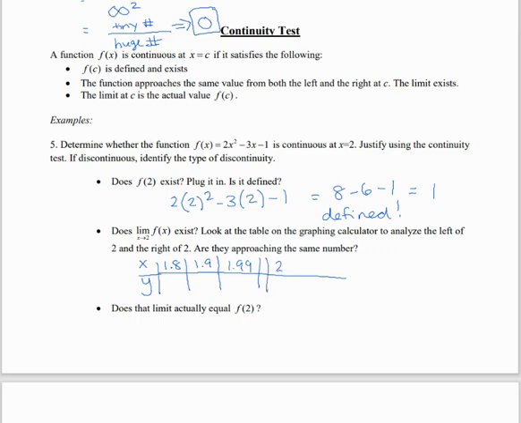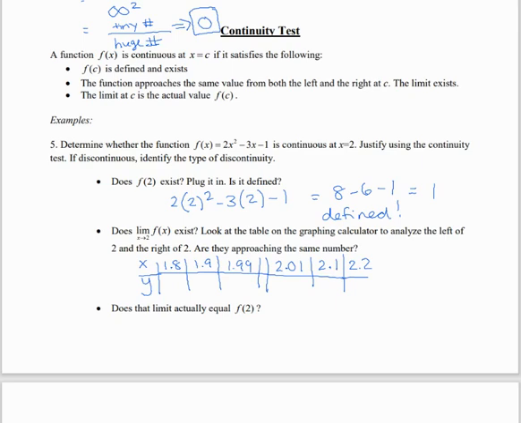Then I would test 2.01, 2.1, and maybe 2.2, and plug those in. If you have the graphing calculator, you can literally look on it to see if we're approaching.